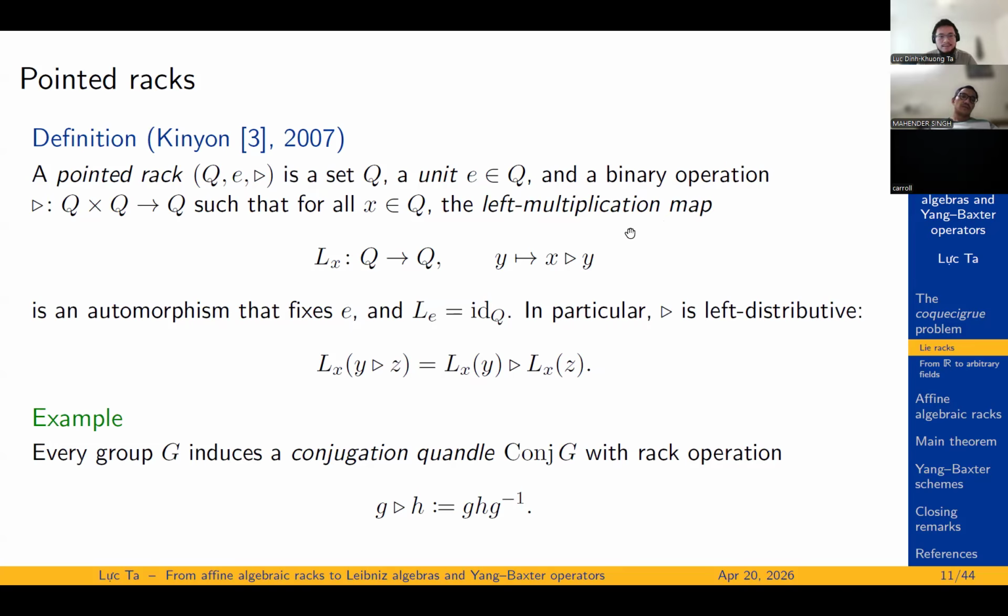And then we just need to add a point to it that's fixed by all the left multiplication maps.